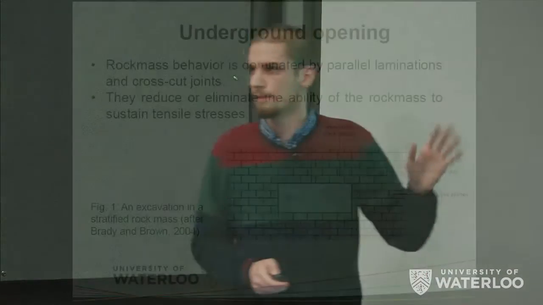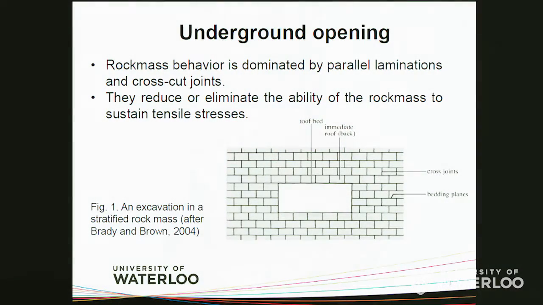All right, this is a very, very simple figure for an underground opening here. This is a hollow space. Let's say it's an underground opening, and this is the media around the opening.